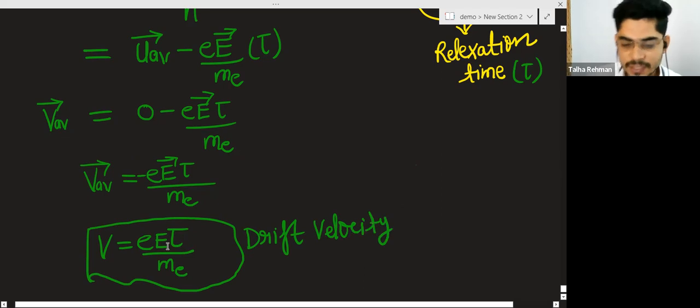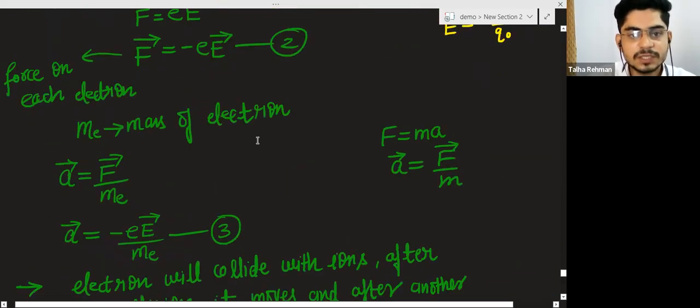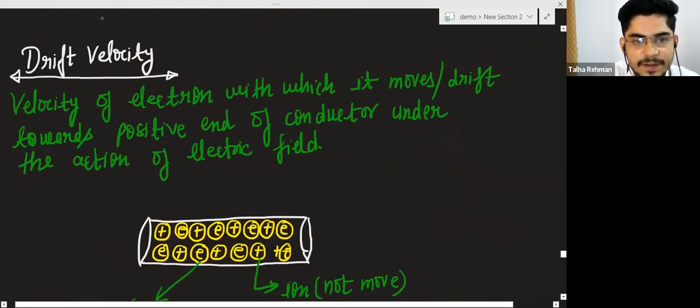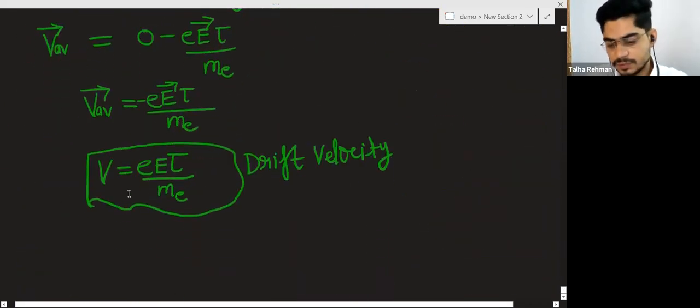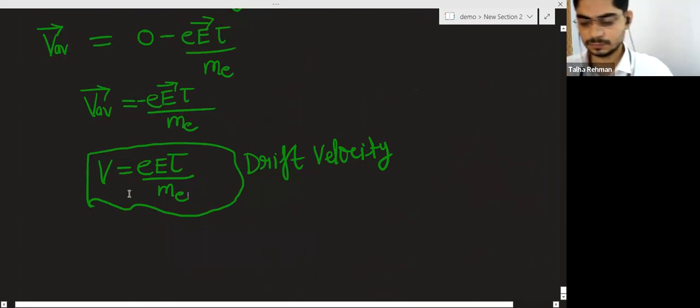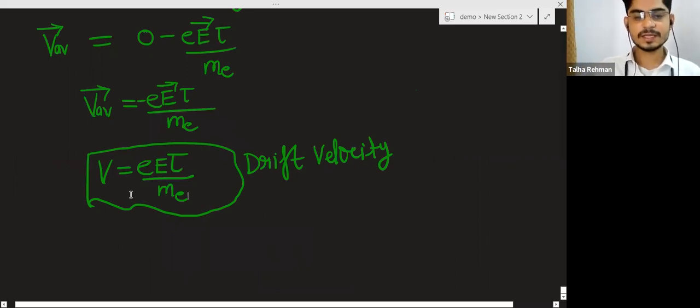And from here you can say that in the definition we have written the velocity of electron. So here it is better to write the average velocity of electron with which it moves toward the positive end of the conductor under the action of electric field. But that's fine, no problem. So this is the drift velocity, E tau by m, and here this is negative.